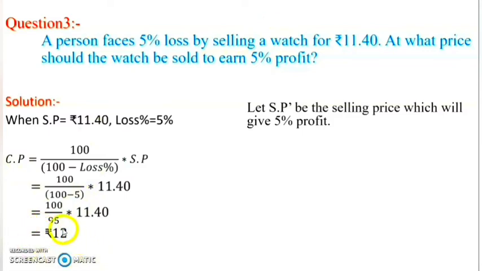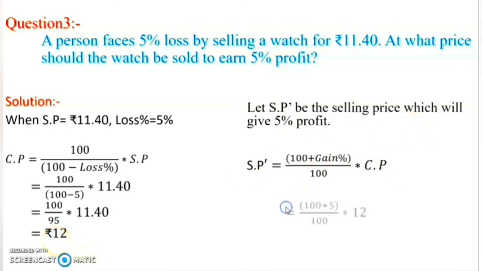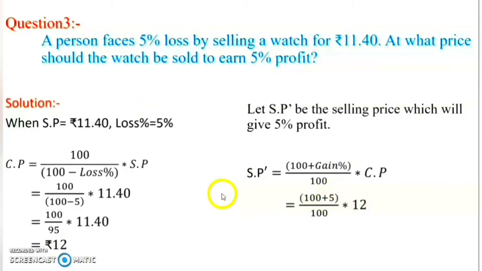Now I'll use this value. So my SP dash is equal to 100 plus gain percent upon 100 into CP. Now here I want the gain percent to be equal to 5 and the cost price is nothing but rupees 12. So this will be equal to 100 plus 5 upon 100 into 12, same as 105 upon 100 into 12, which gives you 1.05 into 12 equal to 12.6.